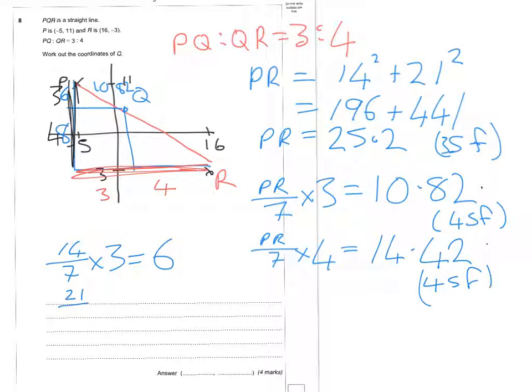And 21 divided by 7 times 3 is 9. So this should be 9, and that should make this here into 12. Okay, so just check, 6 squared plus 9 squared is 36 plus 81.